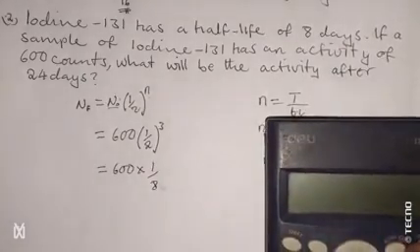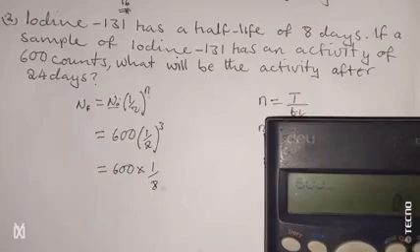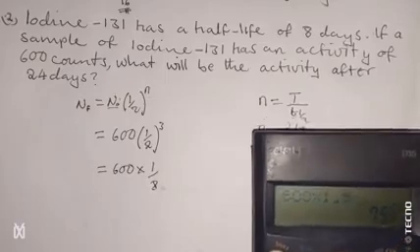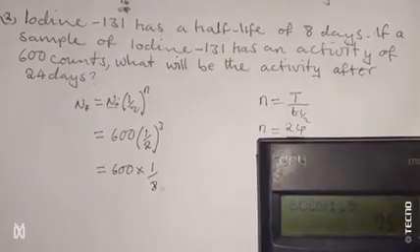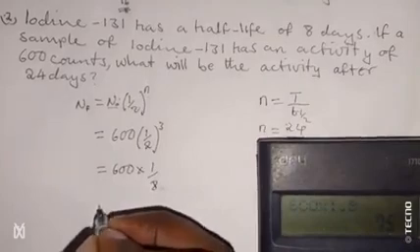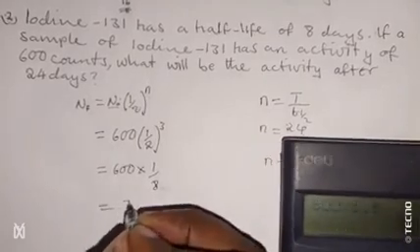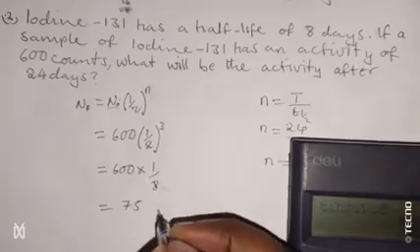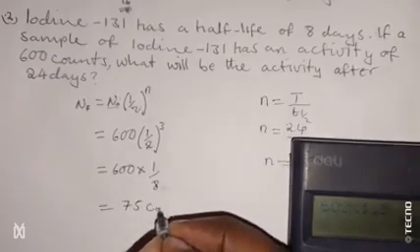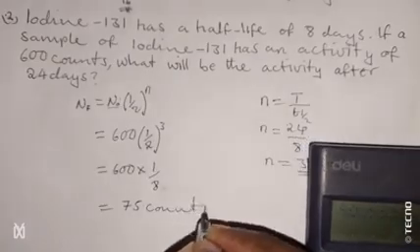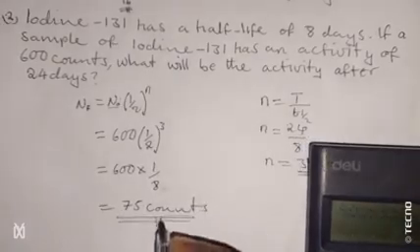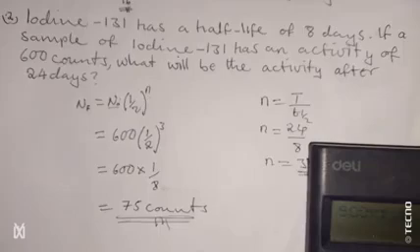We can use a calculator. 600 times 1 over 8, the answer is 75. So what we are going to have is 75 counts. So 75 counts is the answer.